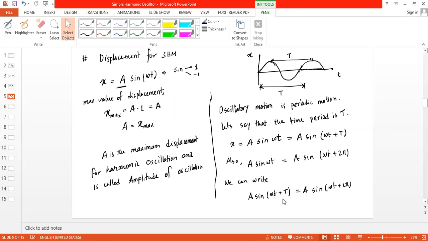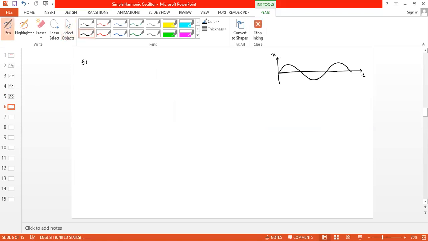A and a are going to cancel each other, so I am left with sin omega t plus capital T is equal to sin omega t plus twice pi, right? And sin function, আমরা জানি if sin a equal to sin b, then I can say a equal to b, right?